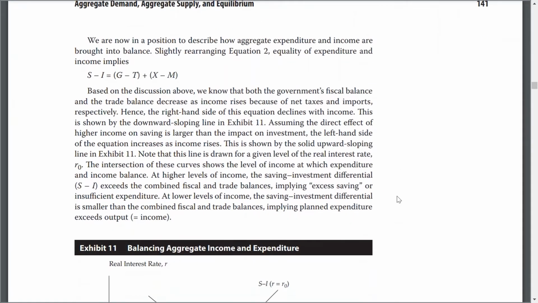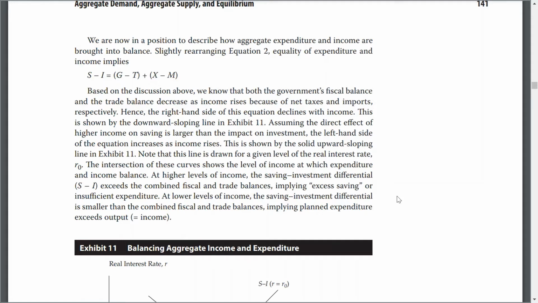We are now in a position to describe how aggregate expenditure and income are brought into balance. Slightly rearrange equation 2. Equality of expenditure and income implies this. Based on the discussion above, we know that both the government's fiscal balance and trade balance decrease as income rises because of net taxes and imports respectively.